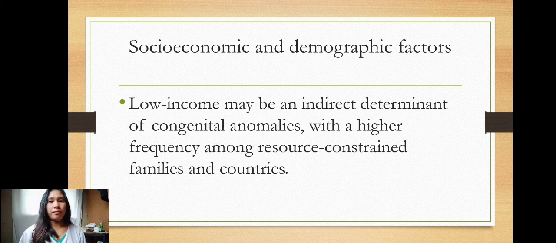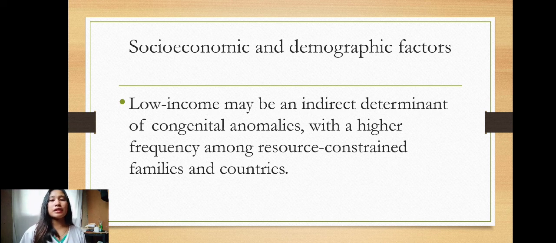Low income may be an indirect determinant of congenital anomalies, with a higher frequency among resource-constrained families and countries. It is estimated that about 94% of severe congenital anomalies occur in low and middle income countries.